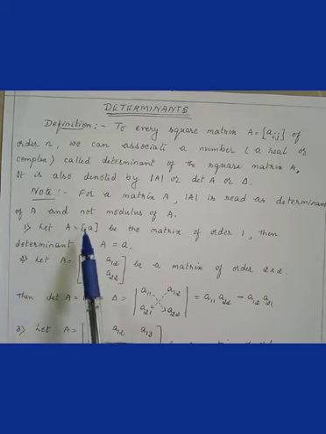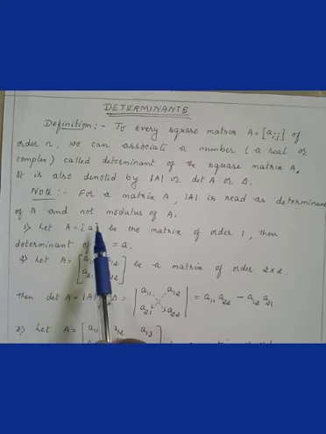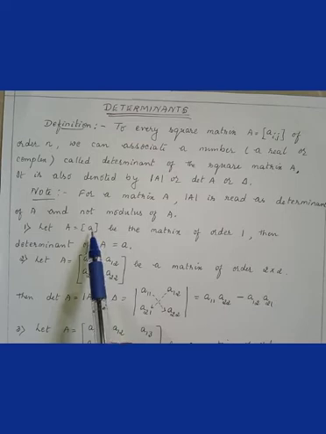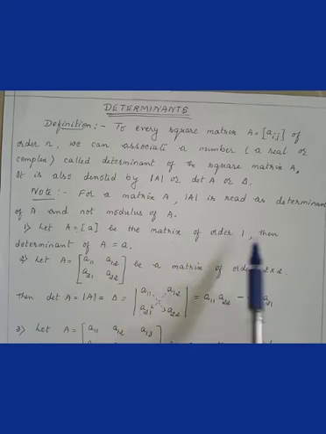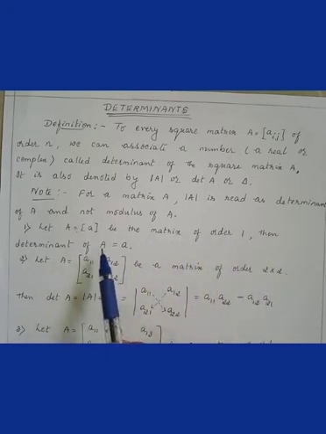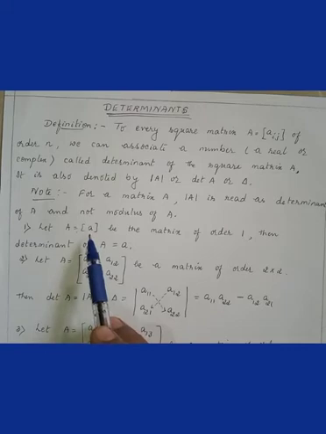So let's start. Let A be a matrix of order 1, a square matrix having only one row and one column. Then the determinant of A is equal to that number itself.